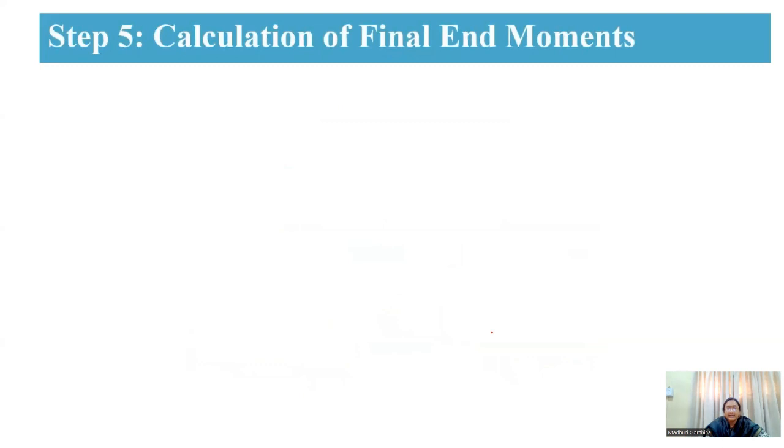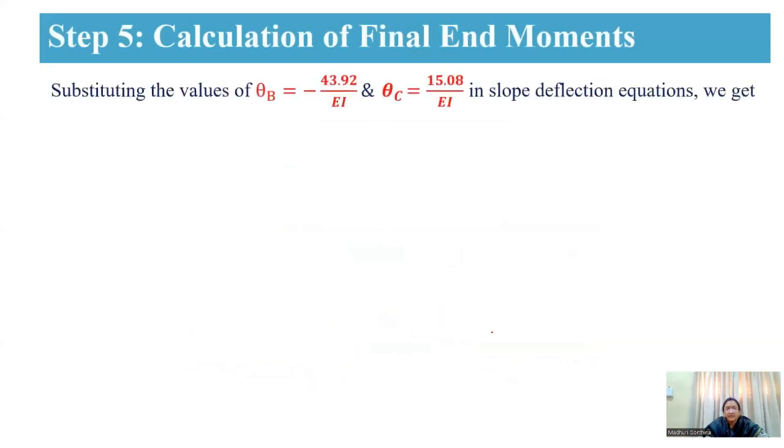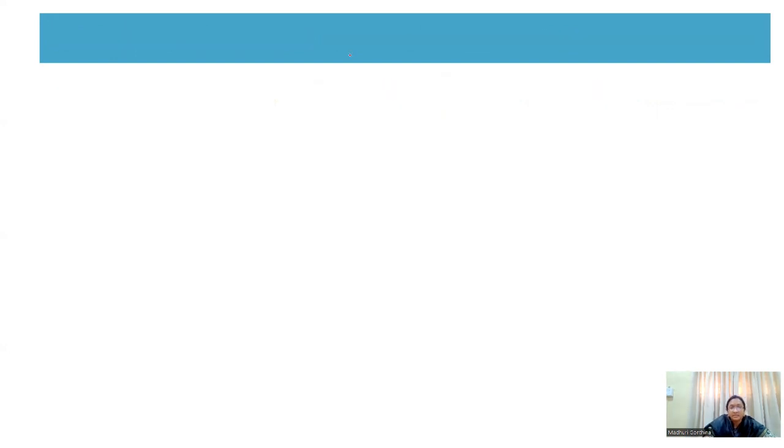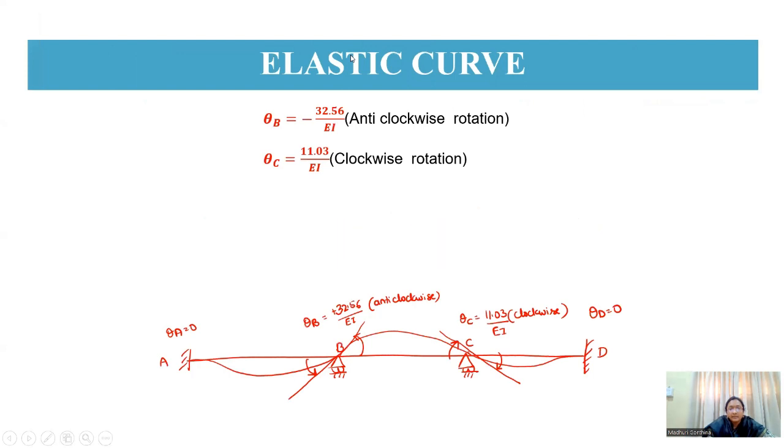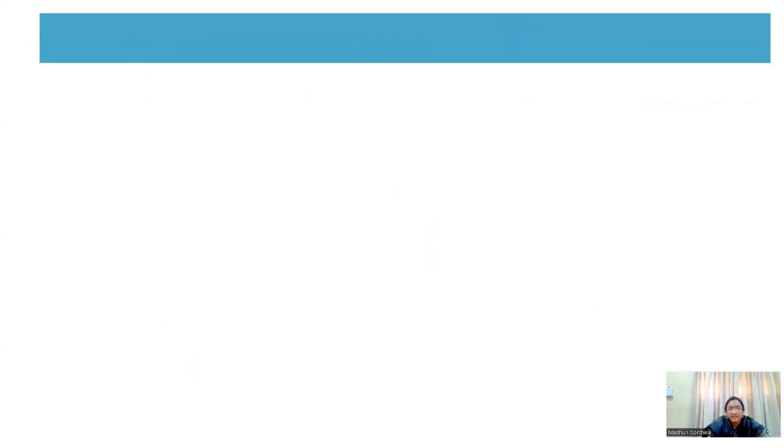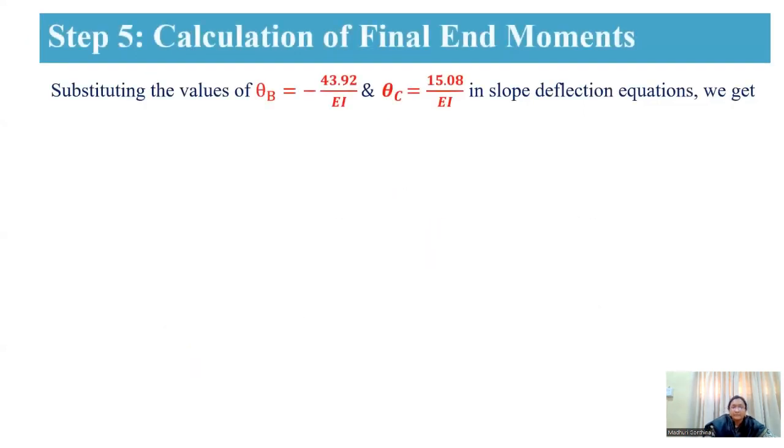Next is the calculation of your final end moments. For calculating final end moments, we are using the theta B value. Theta B and theta C were written wrongly here, a typographical mistake, so I'll just correct it. Theta B is 32.56 and theta C is 11.03.